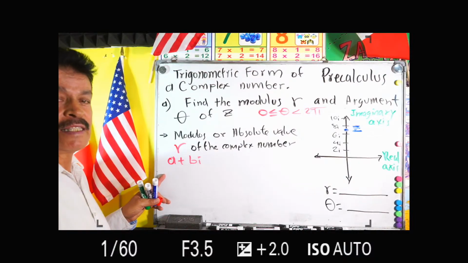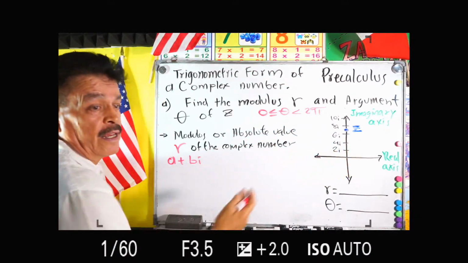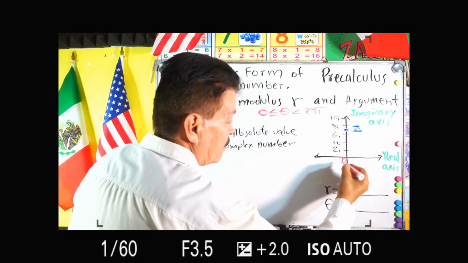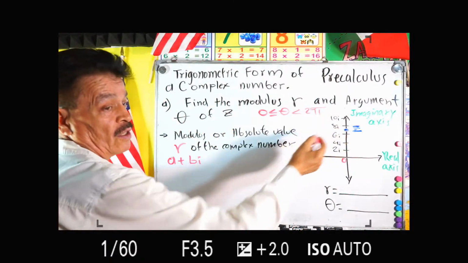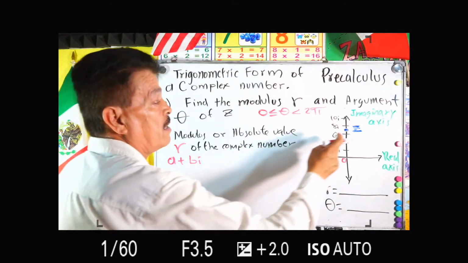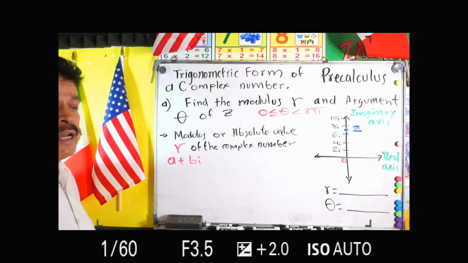In the distance right here, you have the distance between the origin, which is right here, and the point. The point is called a plus bi, in the complex plane.